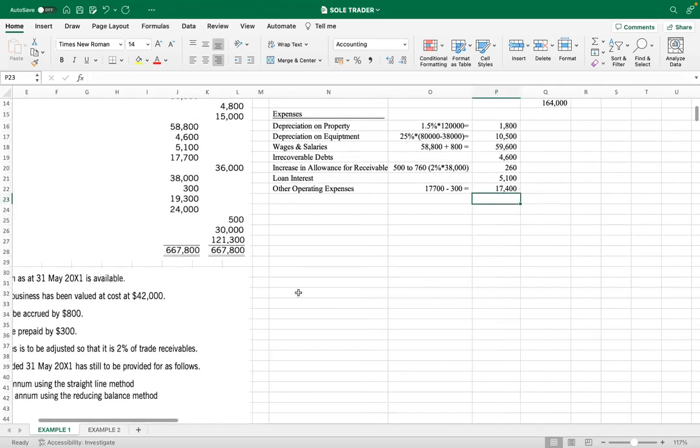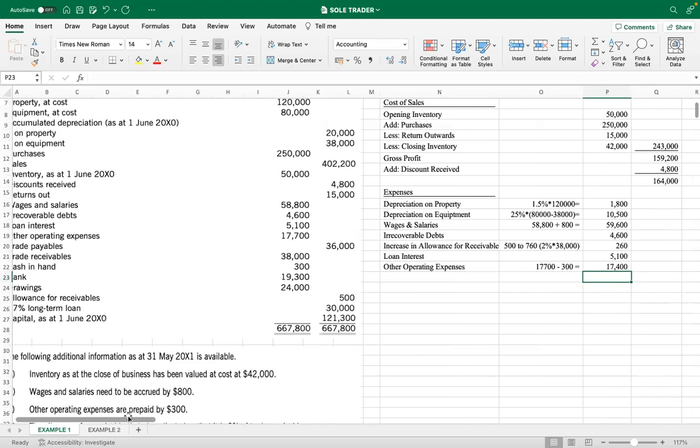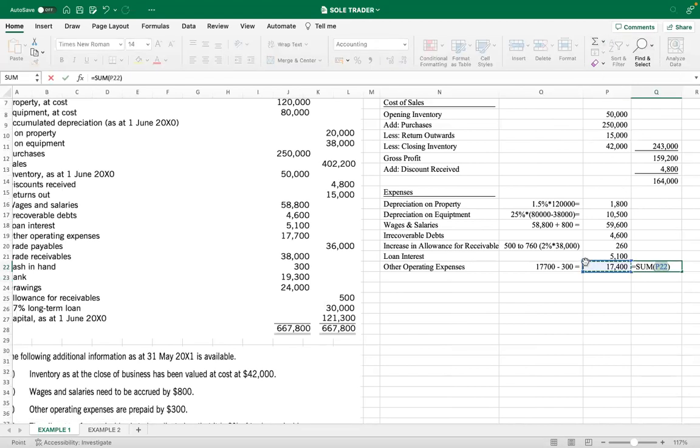So we have exhausted all expenses that we need. So what is our total of the expenses? We have a total of 99,260. And that gives us therefore profit for the year.